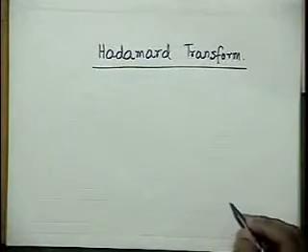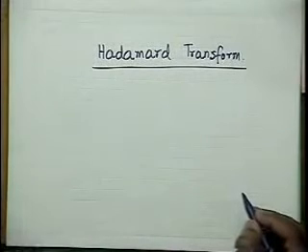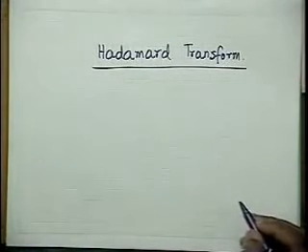And mind you, the Hadamard transform is defined with respect to a very elementary matrix. What is the smallest elementary matrix that you can think of? It is a 2 by 2 matrix, and the Hadamard transform just defines a 2 by 2 matrix, believe it or not.